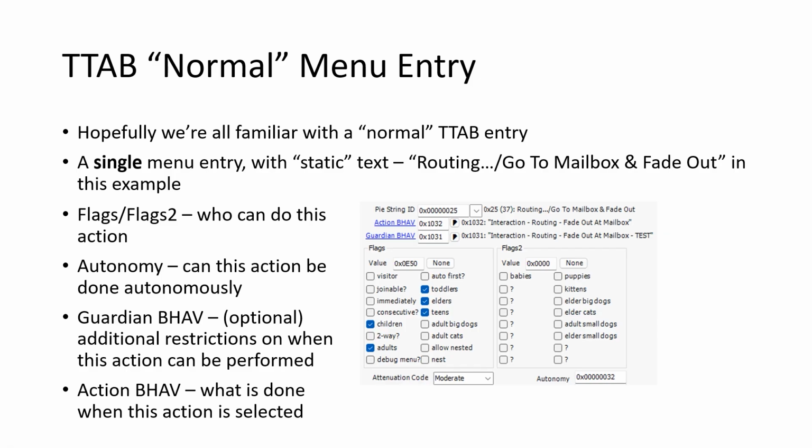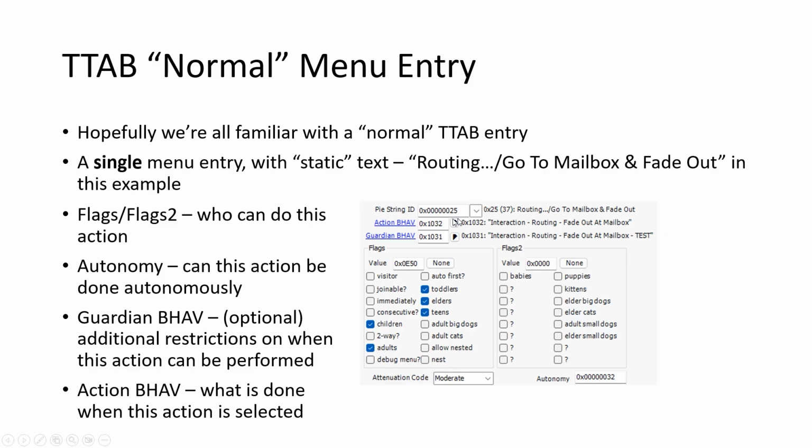We will usually have a guardian behav, but it's optional, and it allows us to put in extra logic. So if we want to say, well, only adults who aren't servos can do this action, you can't do that on the flags, but you can limit it to only adults, and then in the guardian behav you would test to see if the sim was a servo, and if so, not allow them to do it.